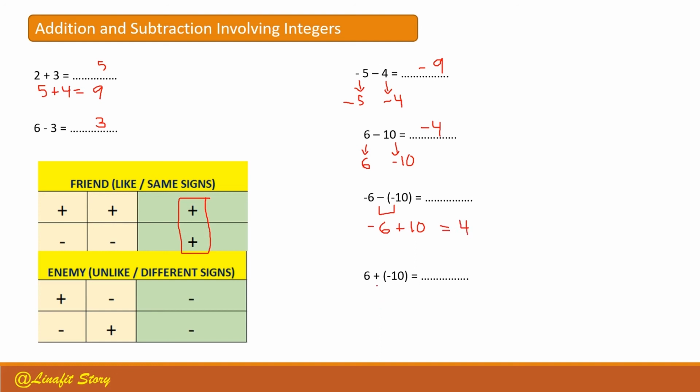And this one, 6 plus negative 10. You meet your enemy. Why? Because different sign. So over here becomes negative 10. 6 minus 10 equals negative 4.